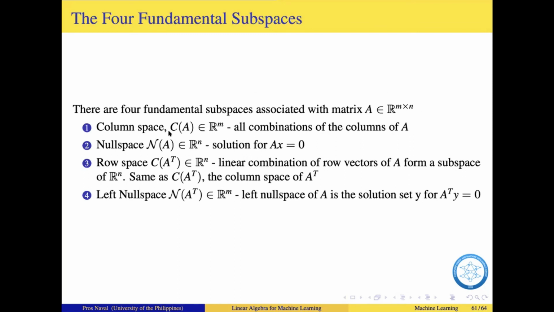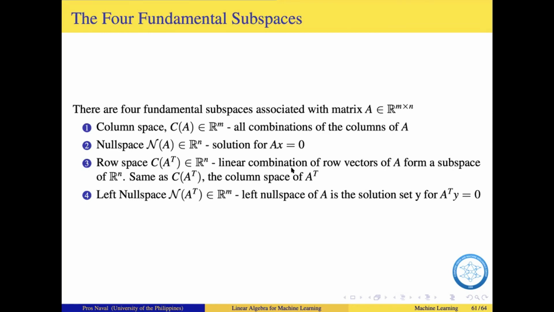You have the column space, which consists of all the linear combinations of the columns of A, and the null space of A, which is the set of solutions for AX equals 0, and the row space of A. The row space of A is the column space of A transpose, obviously.